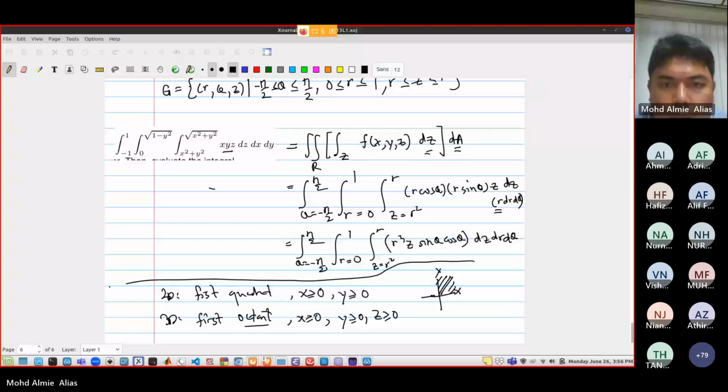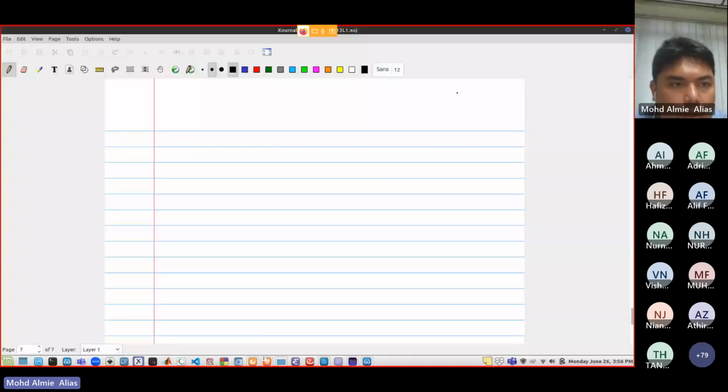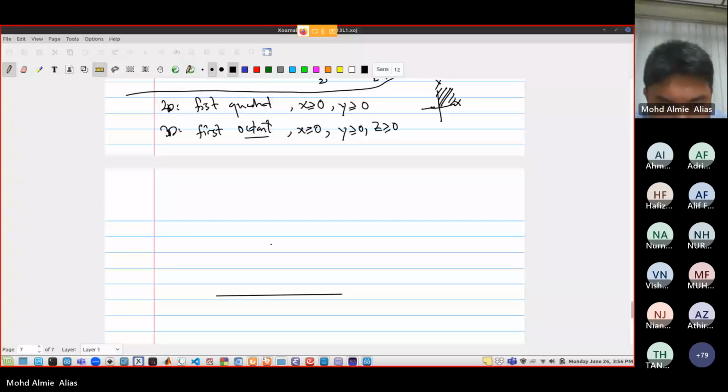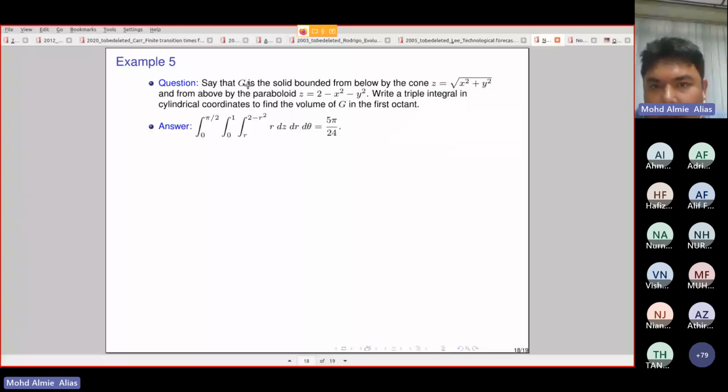Okay, so here you have a cone. So let's draw this a bit. Let's say this is your X, this is your Y, this is your Z. And it says that solid G is bounded from below by the cone here.